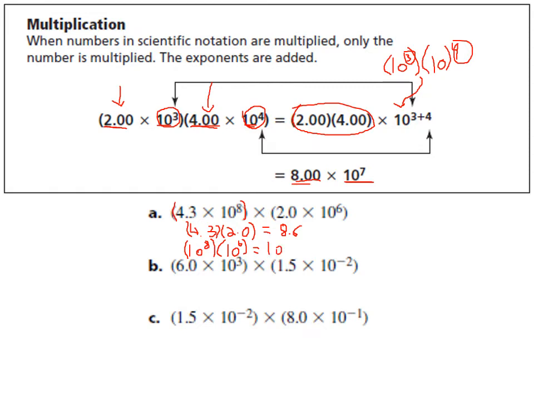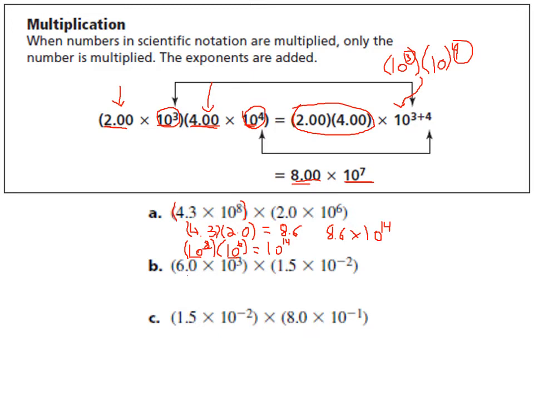We're adding the 8 and the 6 when you multiply something with the same base, which is a base of 10 in this case. So 10 to the power of 14 here. Now that we have our 2 parts, we simply connect them with a multiplication sign. So we have 8.6 times 10 to the power of 14. There you go. You can pause the video and try B and then check if you are on the right track.